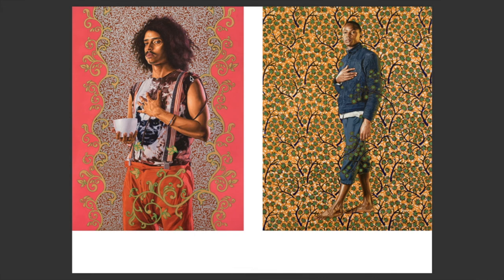And since this is showing the whole body, consider the position of the body, what does that communicate? What does it mean to have your hand over your heart? To be barefoot.